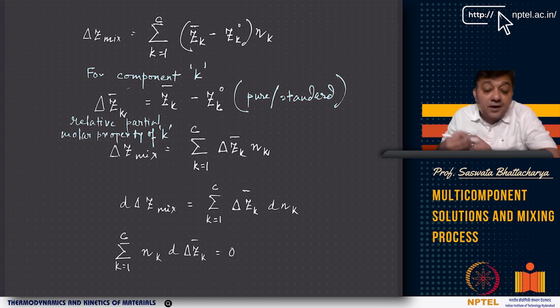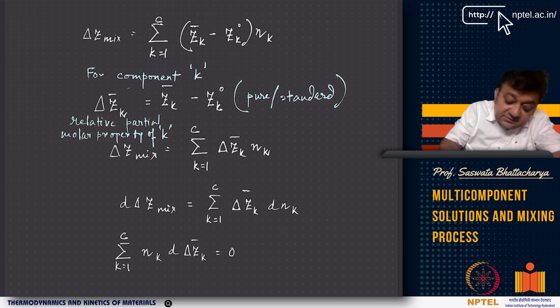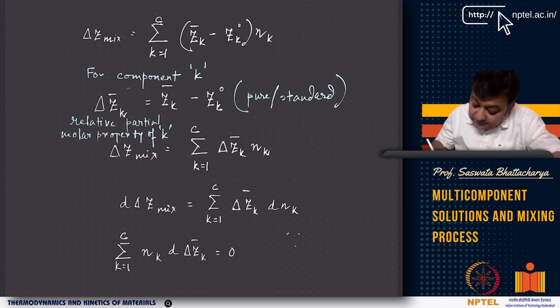Now, if I want to find the exact differential of that, d delta Z mix equals the sum from K equal to 1 to C of delta Zk bar dNk. Why? Because the sum of Nk d delta Zk bar will be equal to 0, again because of the Gibbs-Duhem relation.